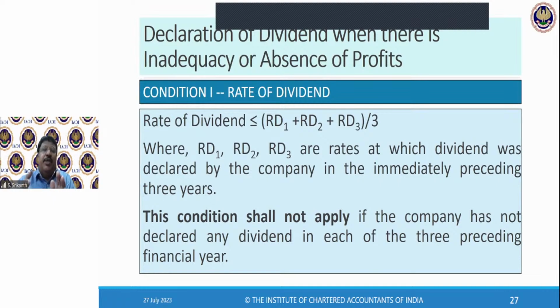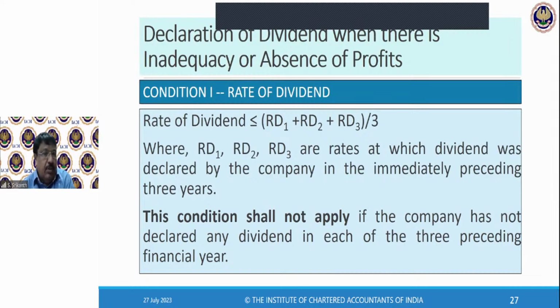See, what is the situation? P&L account balance not sufficient or negative, no problem. Look at the balance sheet. Free reserves are there, general reserve is there, good. Now I want to declare a dividend out of that. So the money is going to come out of the general reserve, no problem. So I will have to retransfer it from the general reserve to P&L appropriation and declare dividend, not a problem.